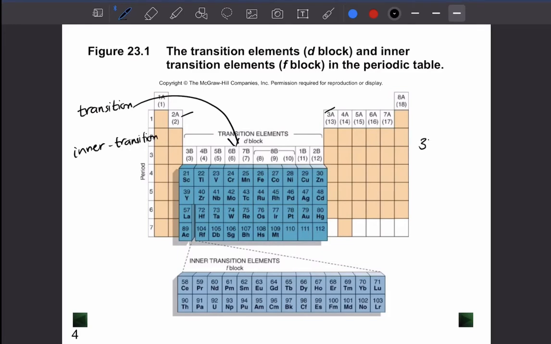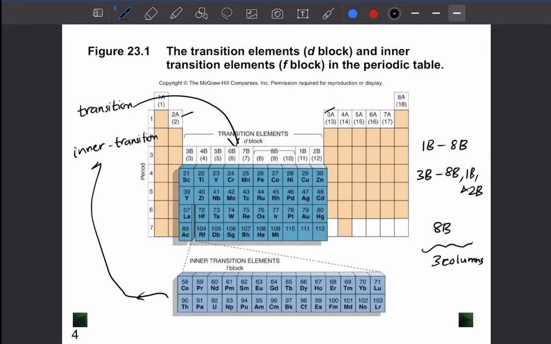They are generally given the names 1B to 8B, starting with 3B and going until 8B, and then you get 1B and 2B. 8B contains 3 columns combined, called 8B. We'll discuss more about it. The next group is the inner transition elements, or the F block elements. These are found under the periodic table.